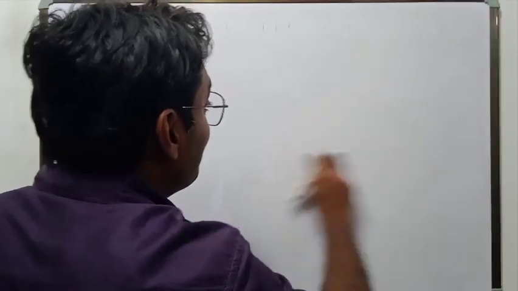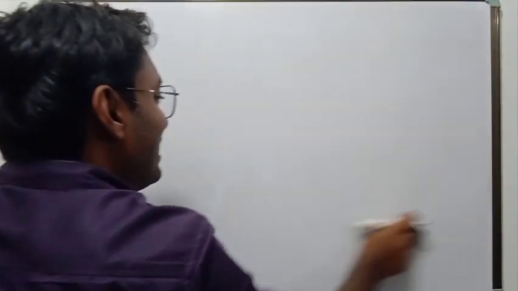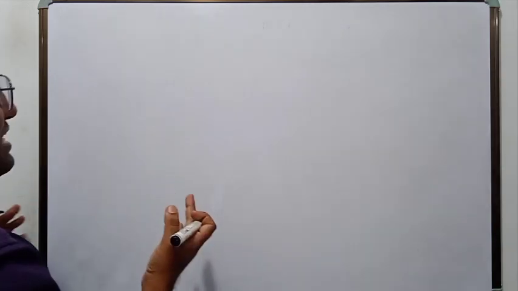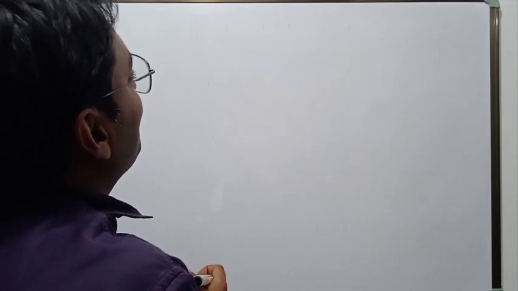Don't compare it with HCl and H2SO4. It is the strongest organic acid, stronger than phenol and alcohol, but very much weaker than mineral acids such as HCl and H2SO4. Okay, let us come back to our topic: why alcohol is not acidic in nature.